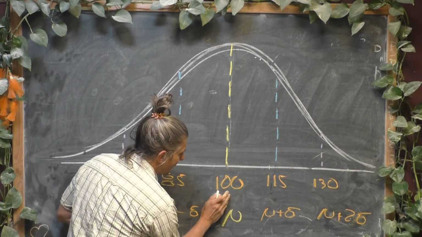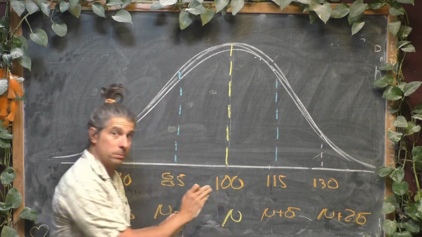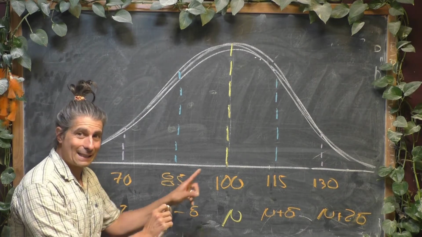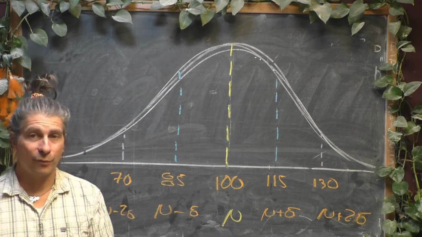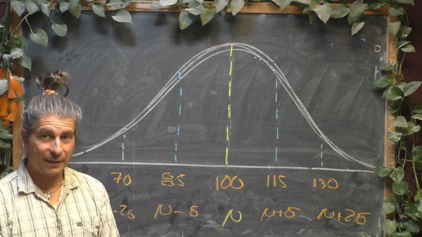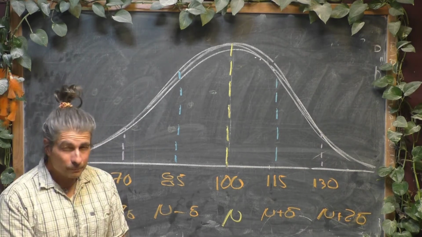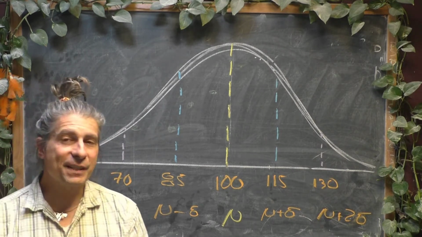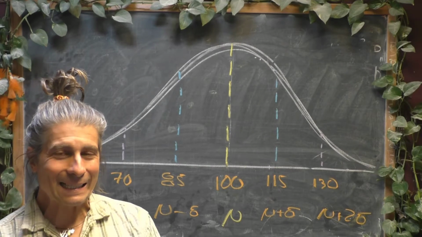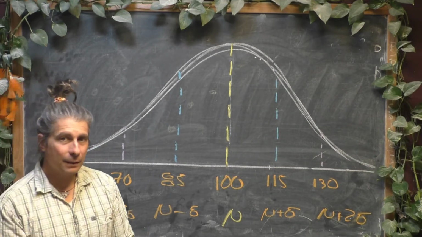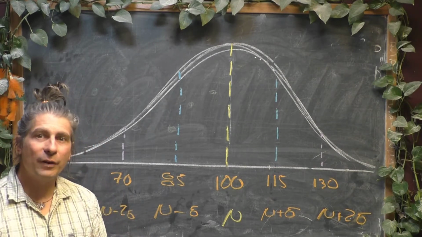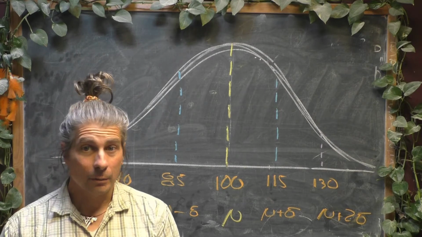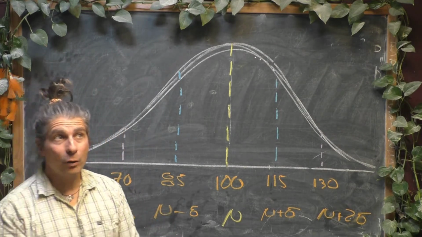If we start at an IQ of 100, what's the next biggest IQ up from 100? Think about that for a second. If you said 101, that's not entirely correct, is it? Because couldn't you have an IQ of 100.5? Or couldn't you have an IQ of 100.4?